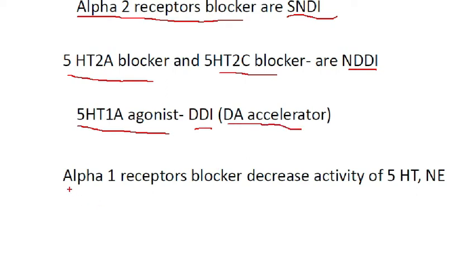And likewise, if we block the alpha 1 receptors, it leads to decreased activity of serotonin and norepinephrine. Why? Because alpha 1 receptors are stimulatory in nature, that is they will increase the level of serotonin and norepinephrine. By blocking the alpha 1 receptors, we will decrease the level of serotonin and norepinephrine.